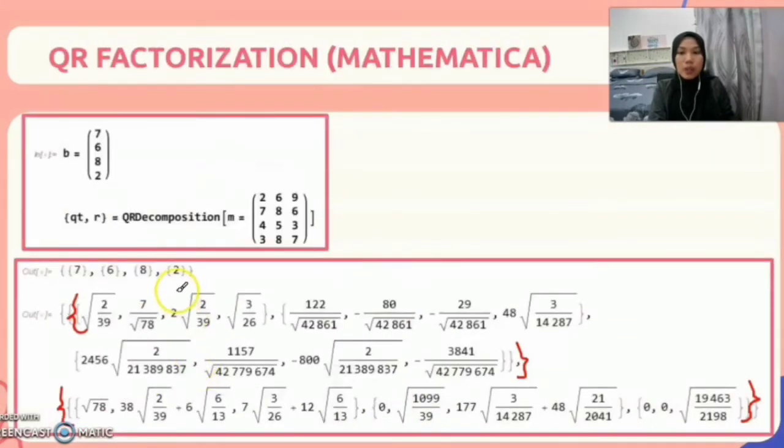But for the QR factorization, we need to input the Q transpose and QR decomposition. So this is the command to get the orthonormal basis by using QR decomposition. So this is the first command we need to input in the Mathematica to find the solution of x by using QR factorization.